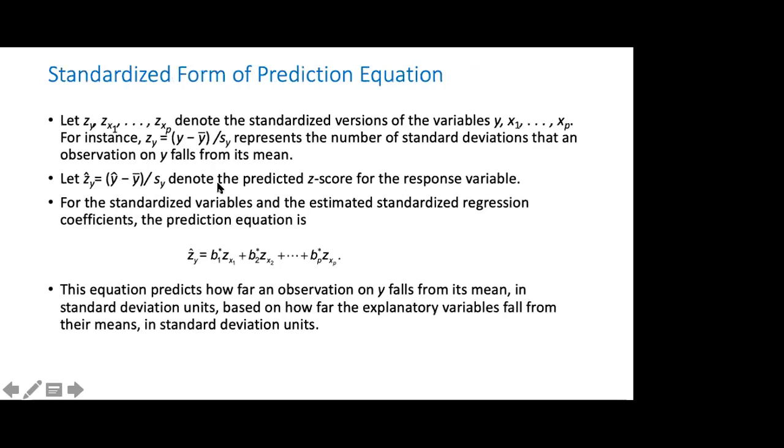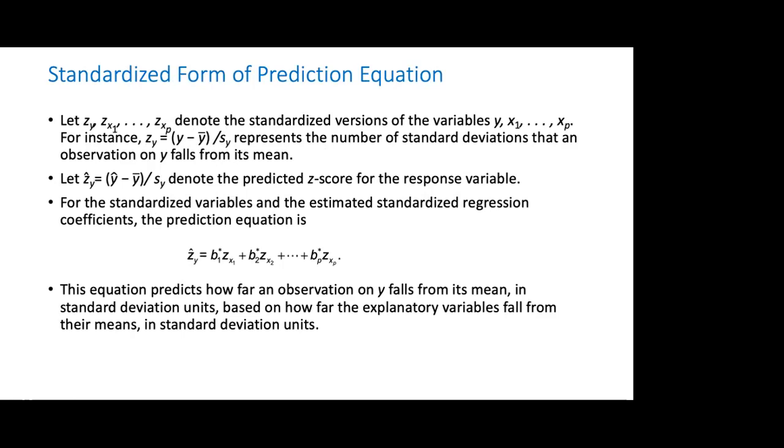All right. And of course, you can come up with a standardized version of your prediction equation in a similar vein. One way to think about the standardized regression coefficients is that those are your ordinary regression coefficients if you z-transform all your predictors and your outcome variable.